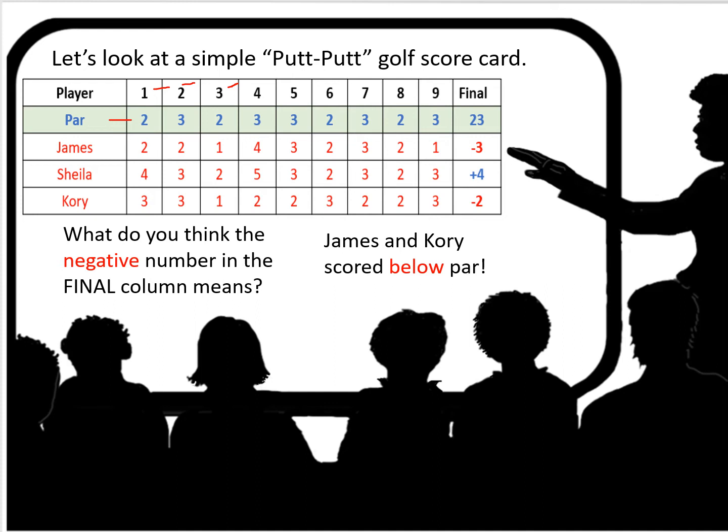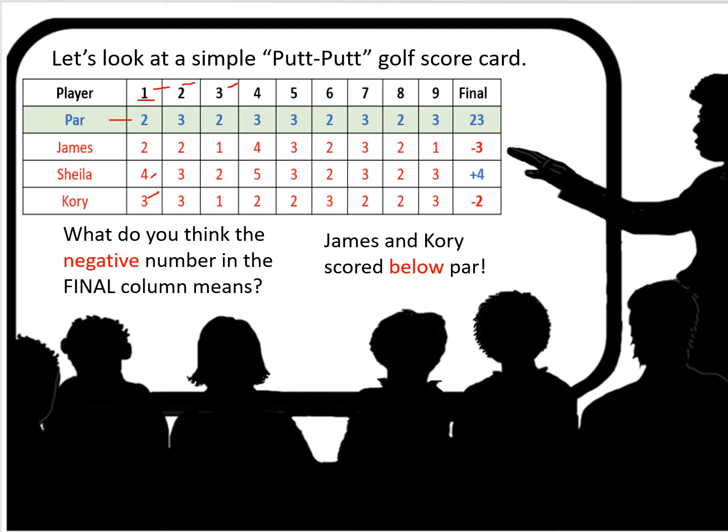So if James gets two strokes to get his ball in the hole on the first hole, then he's equal with par. And Sheila is over par by 2, and Corey is over par by 1. So they go along, hitting their balls in the different holes, and they get to the end.